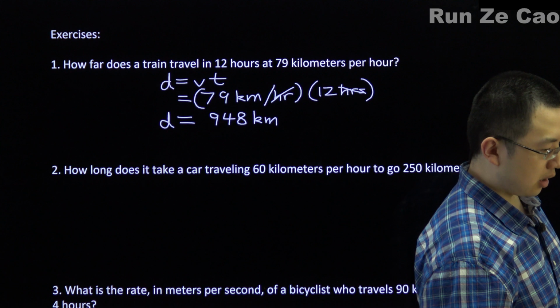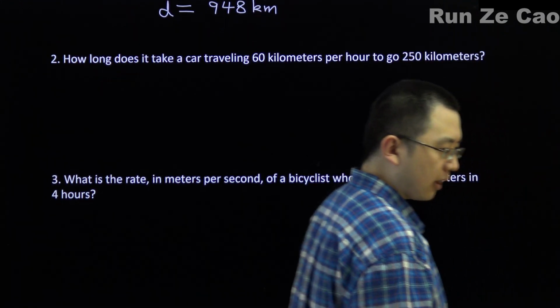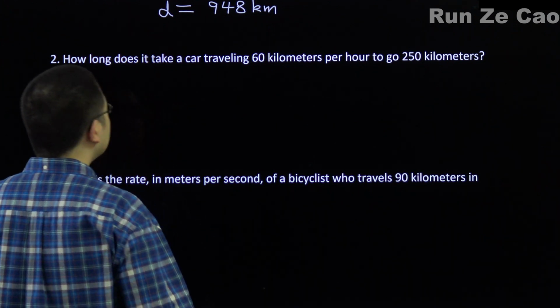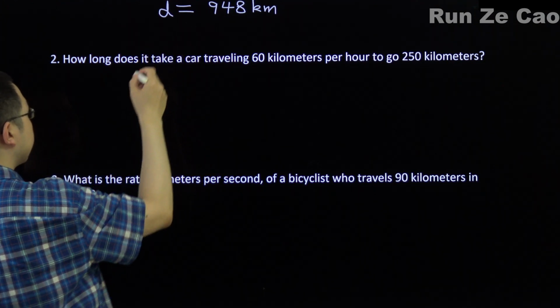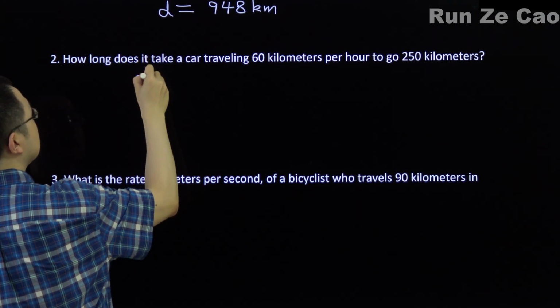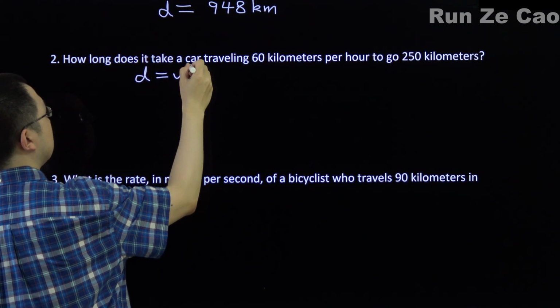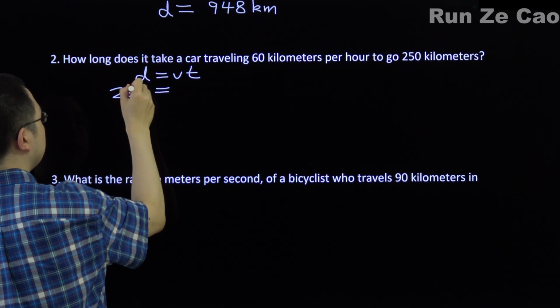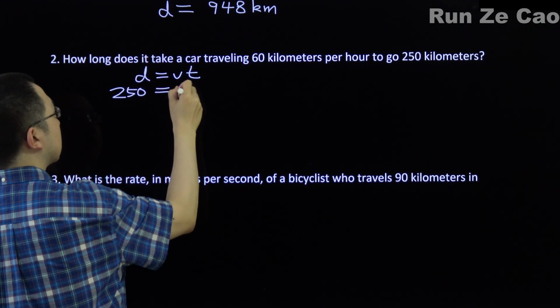How long does it take a car traveling 60 kilometers per hour to go 250 kilometers? Well, d equals speed times time, 250 kilometers and 60 kilometers per hour.